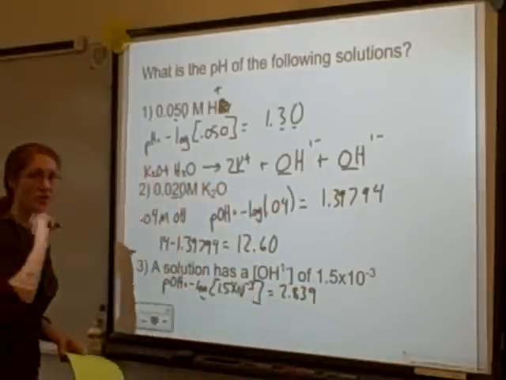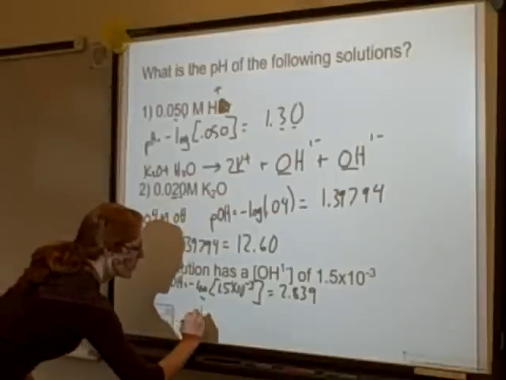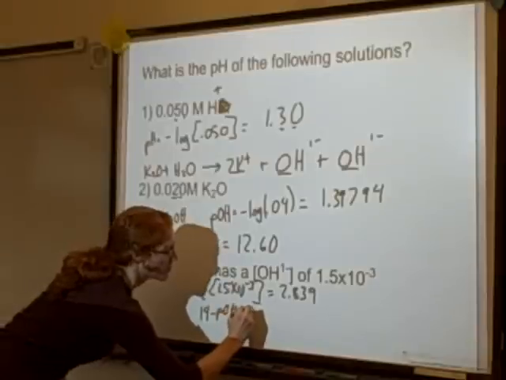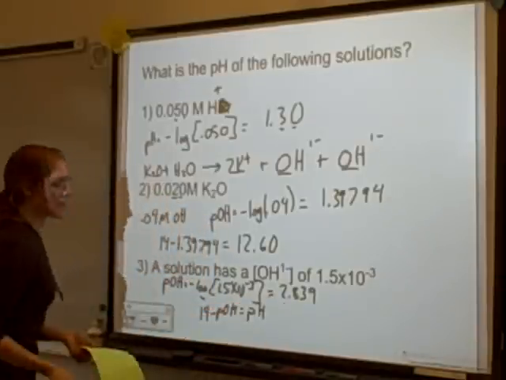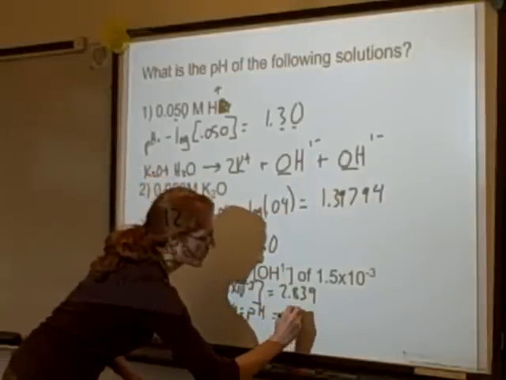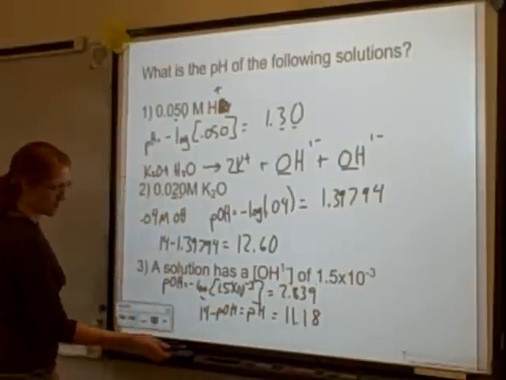So that's the pOH, and I know 14 minus my pOH will give me my pH. 14 minus pOH equals pH. So I just go 14 minus that, and I will get 11.18 will be my pH. There's 2 sig figs here, that has 2 sig figs.